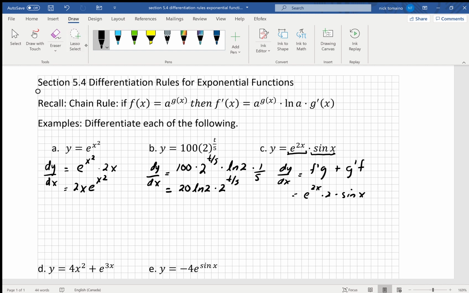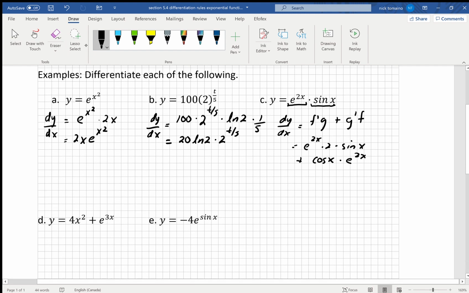And I'll just drop down here, plus the derivative of g, which is cosine x, times e to the 2x. Okay, and then let's simplify this a little bit. We can actually write it in factored form. Again, factored form is nice, especially when we're finding local max or mins. So I can factor out an e to the 2x, and we're left with 2 sine x plus cosine x. Okay, and that's how I prefer the answers.